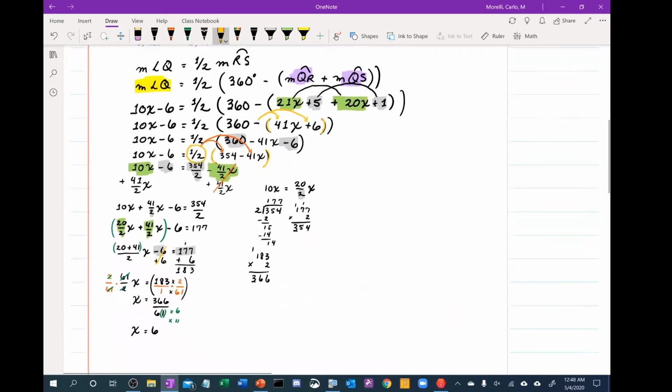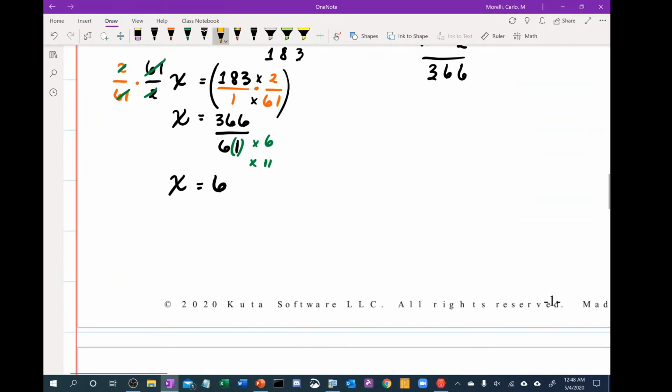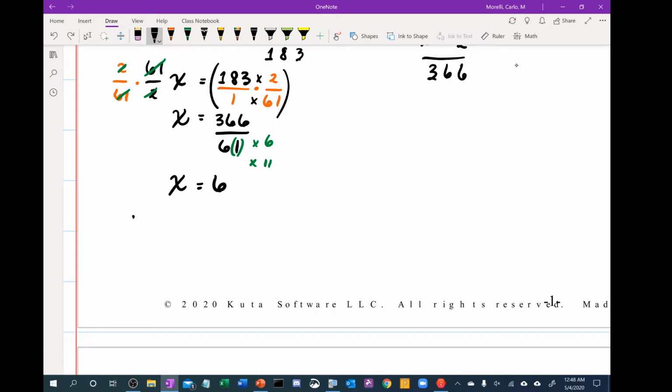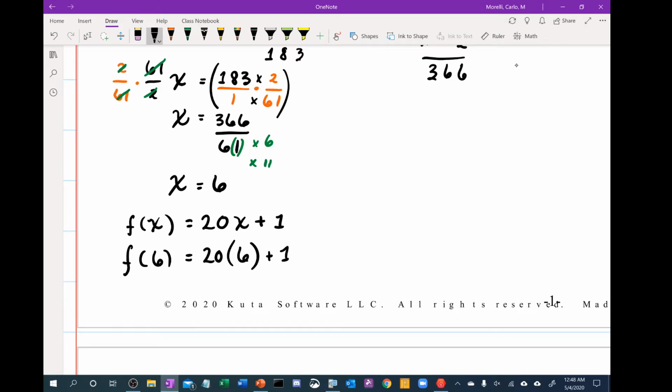So now that we know what x is, we can plug it in to a function defined by f of x equals 20x plus 1. And so we'll evaluate f of x at 6. F of 6 equals 20 times 6 plus 1.